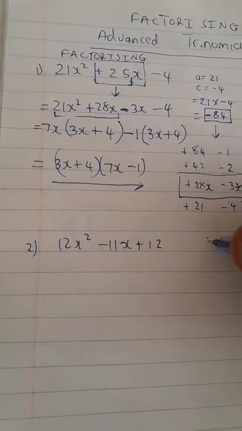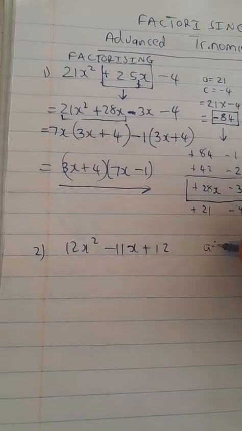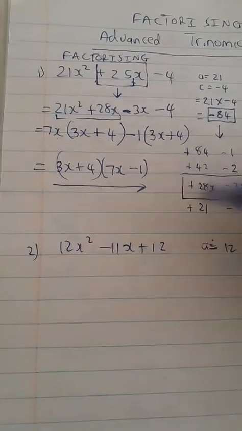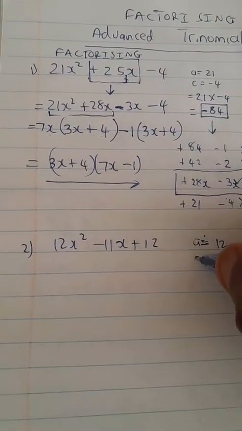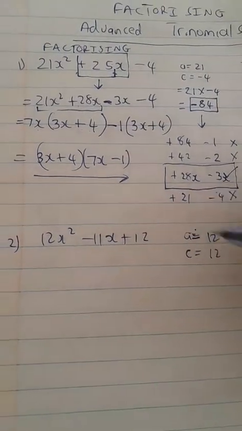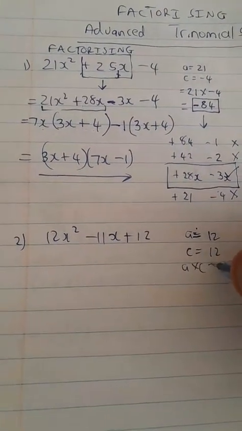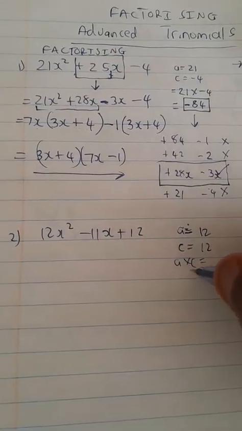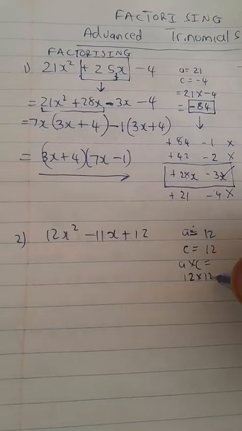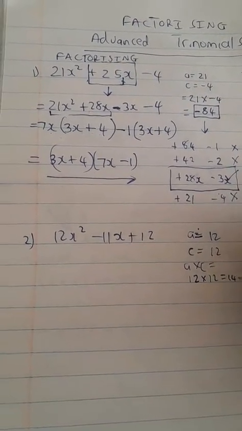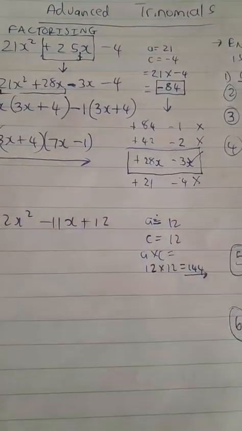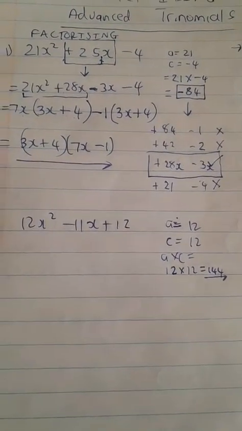All we simply do is we say, what is the value of a? In this case, the value of a is 12. What is the value of c? It is also 12, and it's positive 12. So then what's a times c? In other words, 12 times 12, we get 144.